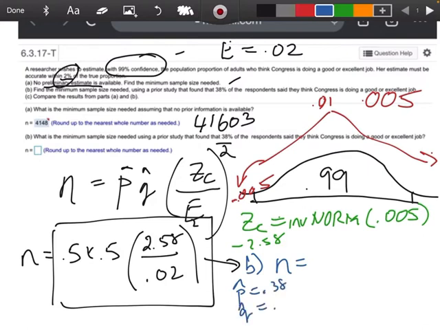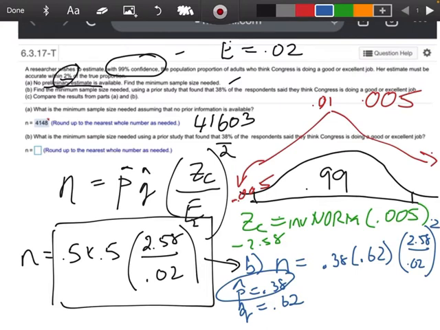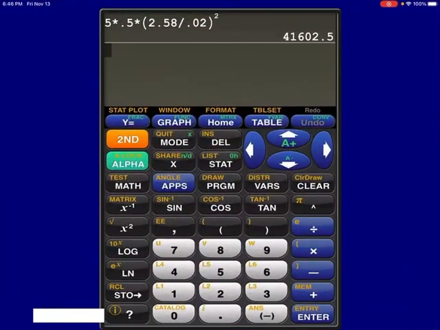Then my q hat is going to be 0.62, because I'm taking 1 minus this value. So 0.38 times 0.62, and everything else stays the same. Now I'm going to do this calculation. We can go second entry and then just change the values.